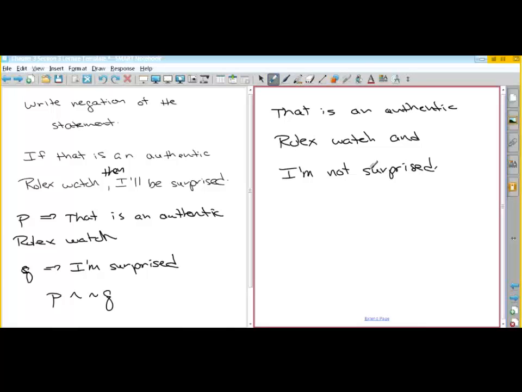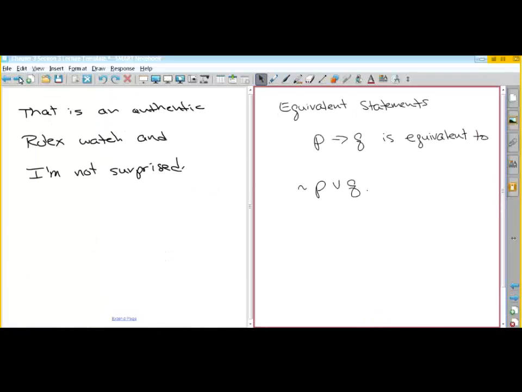That's how it works. The negation of an if-then statement is an and statement where the second statement in the if-then statement becomes a negation. Notice the negation doesn't involve if-thens. It just involves the statements and the connector and.